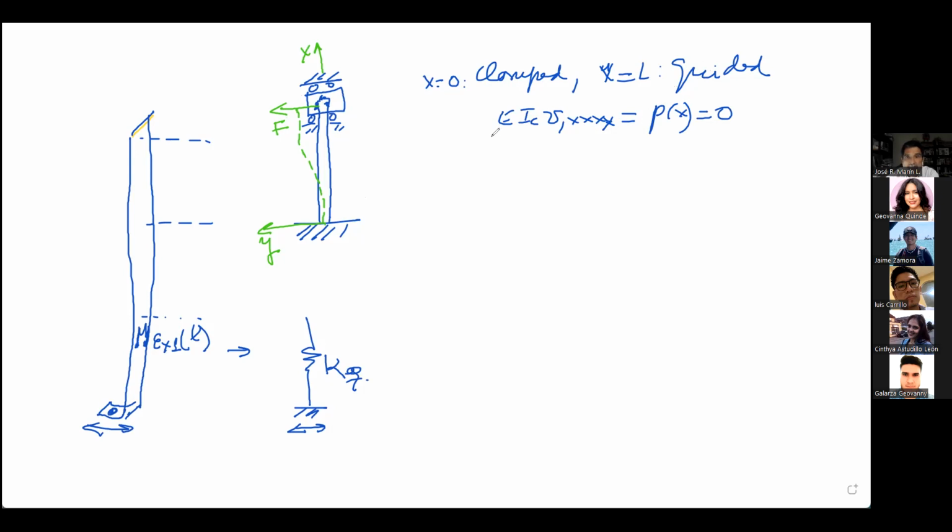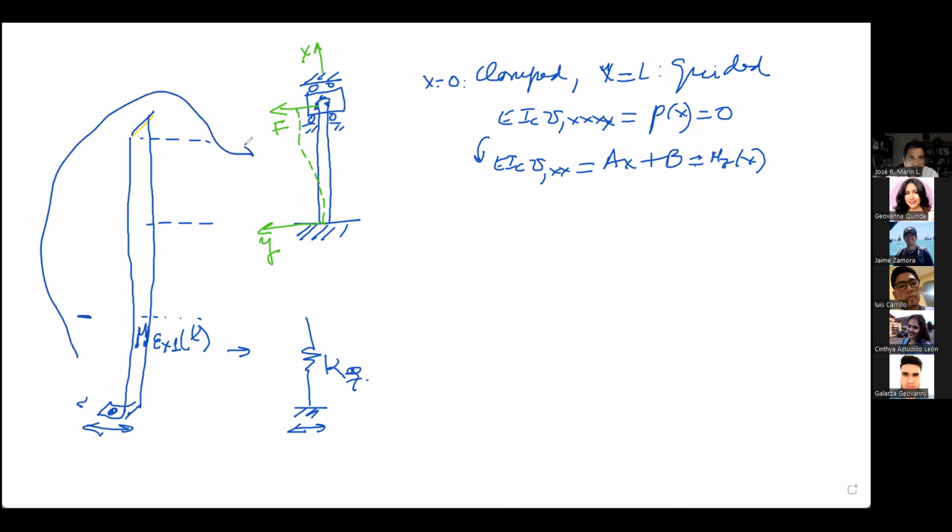Now, if you integrate twice, you can calculate something like this. So here, this is the bending moment. Okay, so you can estimate, you are analyzing from here, so you are analyzing this.